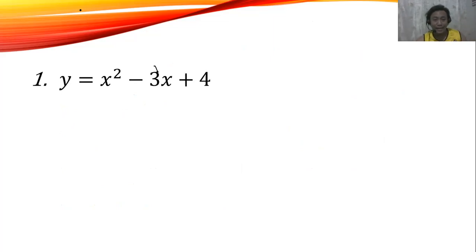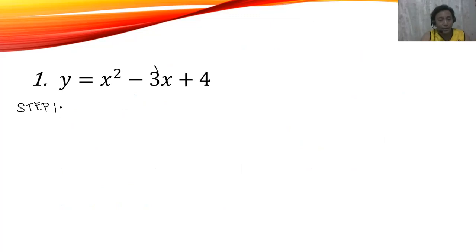So let's have example number 1. y is equal to x squared minus 3x plus 4. Again, what are we going to do?